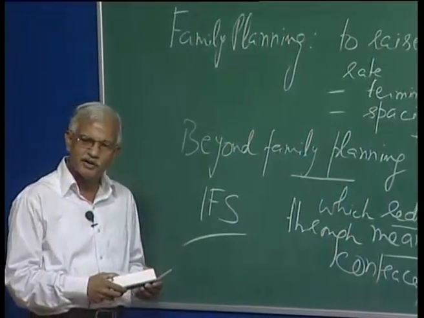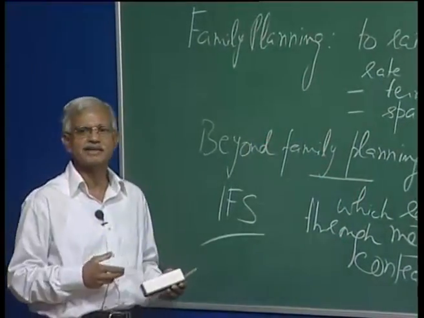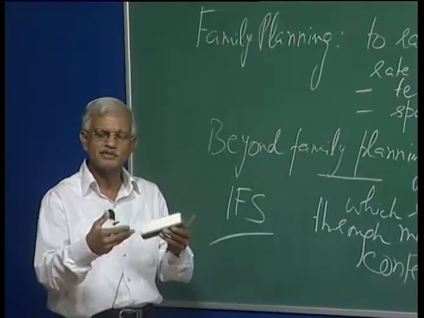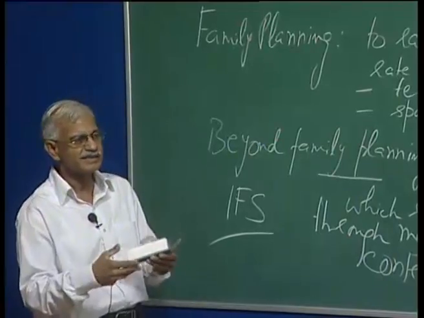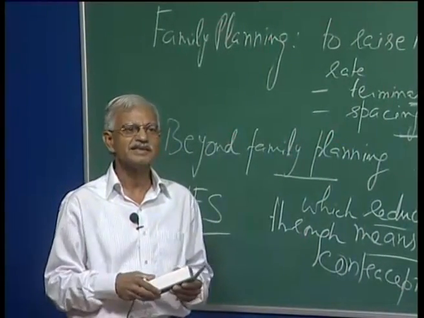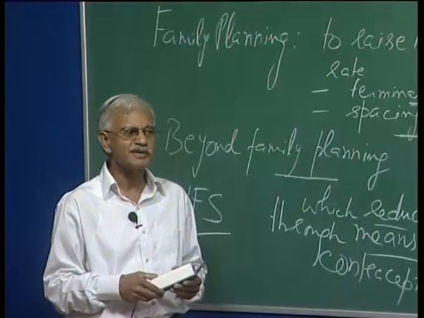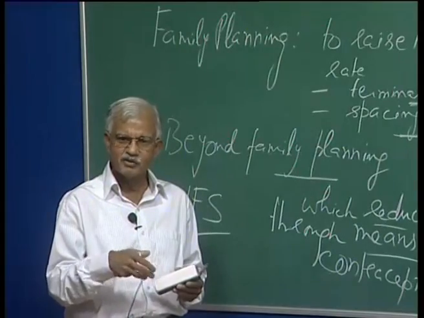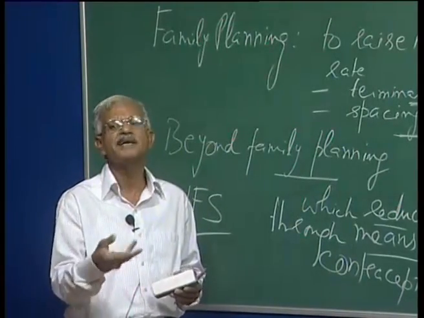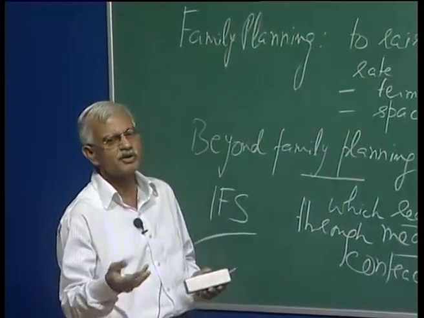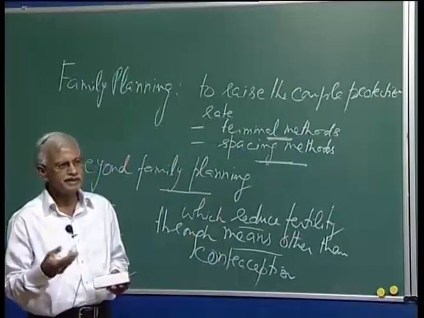Once we have low infant mortality, once we have low child mortality, then the couple need not produce a large number of children. Sometime in literature we say that there is a child survival hypothesis. Sometimes couples produce more number of children than they desire because they fear that 1 or 2 or 3 of them may die. Since infant mortality is high, child mortality is high, so one or two of them may die.